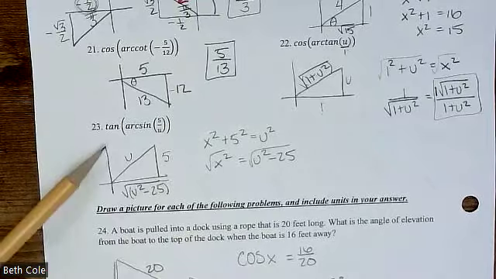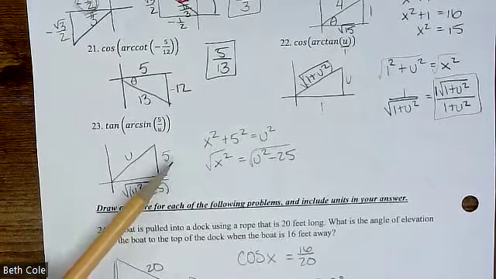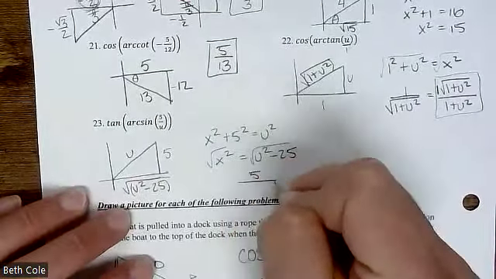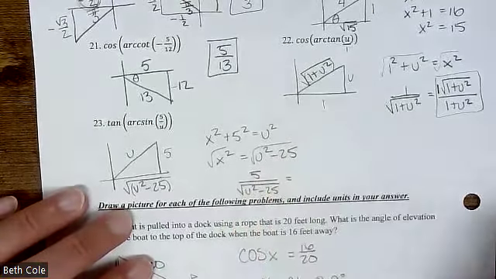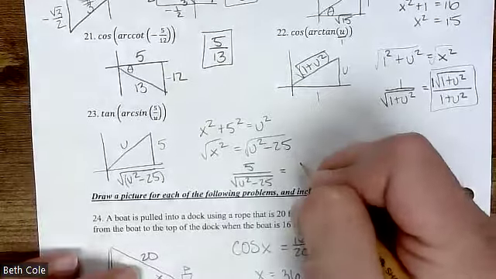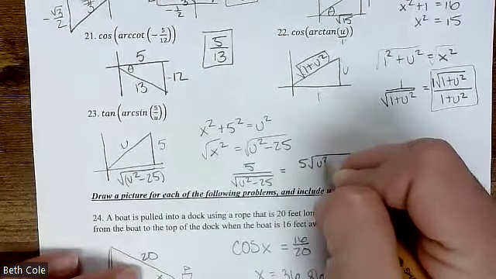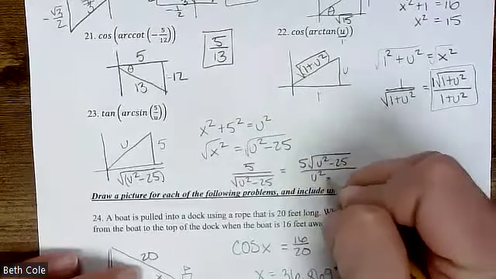And then you're going to answer the question. Tangent is what over what? Opposite over adjacent. So it is 5 over that nasty square root. And so that would rationalize to be what? Of stuff, yeah. Over that stuff.